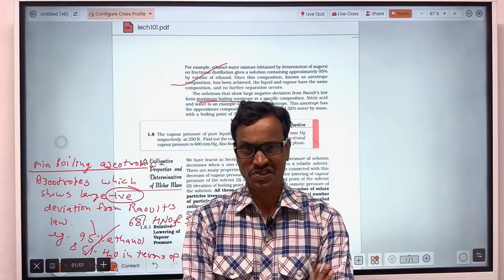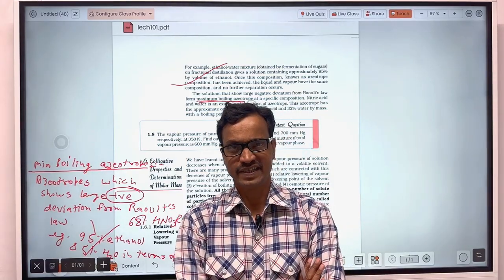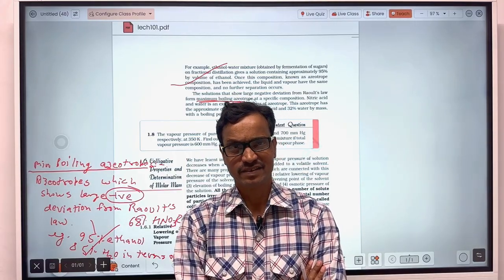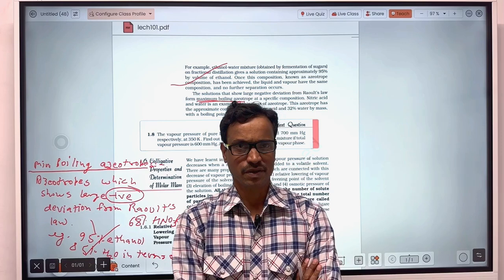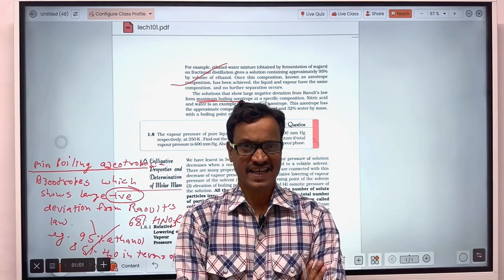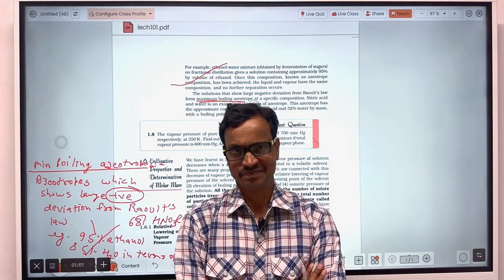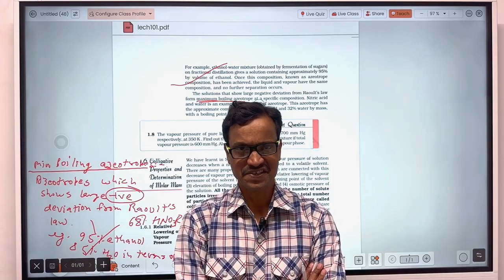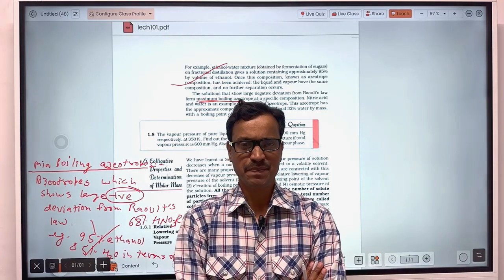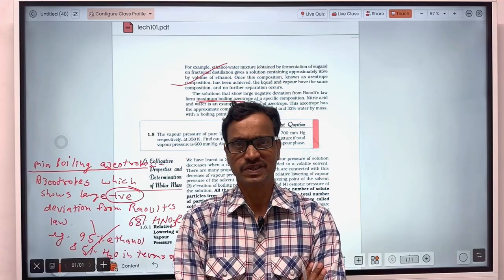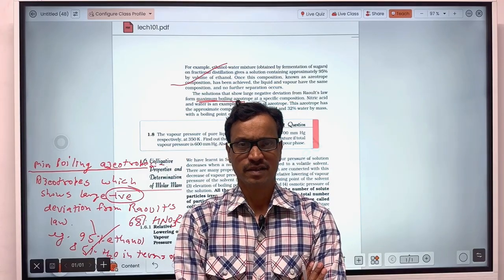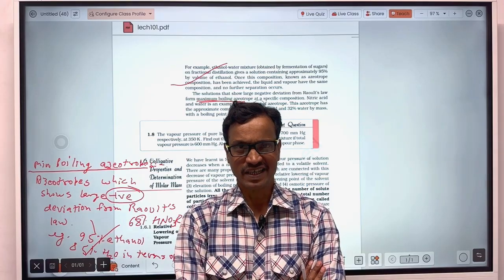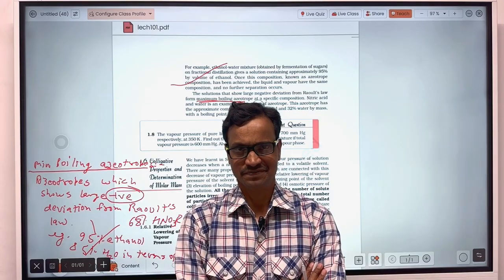Non-ideal solution showing positive deviation: in that case, the partial vapor pressure of both the liquids as well as the total vapor pressure of the solution is greater than expected from Raoult's law. And non-ideal solution showing negative deviation: in that case, the vapor pressure of both the liquid components as well as of the resulting solution is lower than expected from Raoult's law.